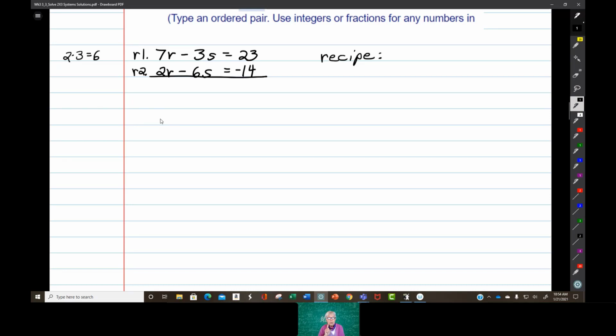So the easiest way, I think, but maybe not for you, would be to do this. Here's my recipe. I am going to multiply row 1 by negative 2.